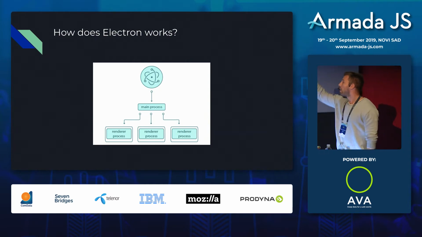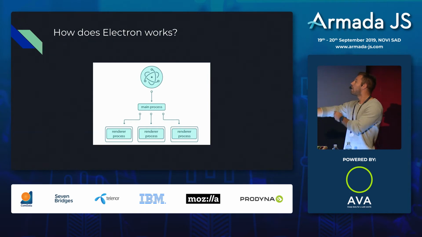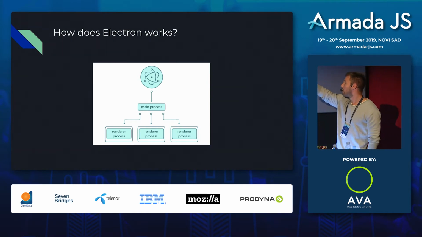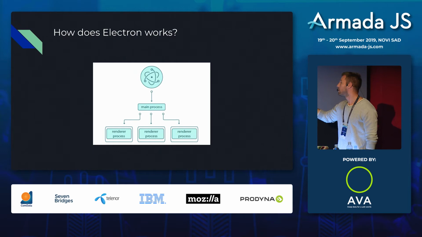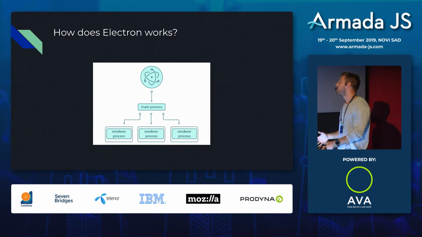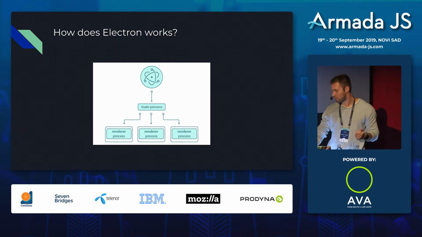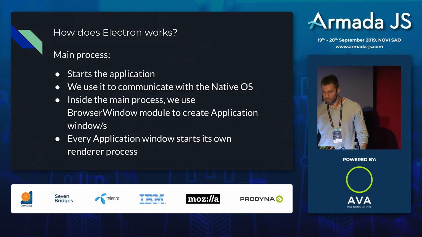So you have a main process spawned by Node.js, and inside of that main process, you can have many, but in most cases you have only one renderer process. In each of those renderer processes, there is one web application. And that's how you get your desktop app.